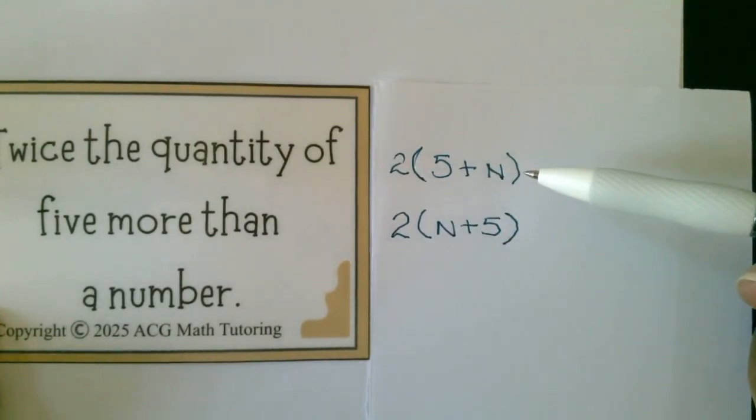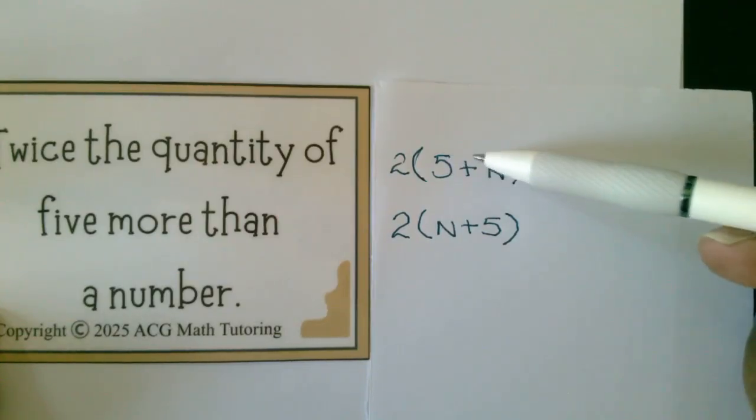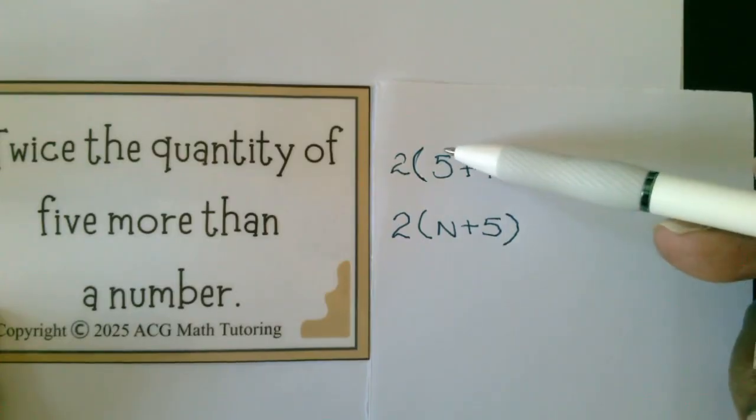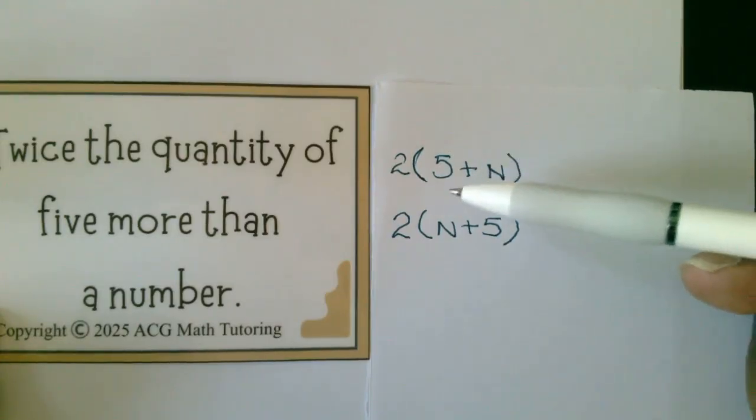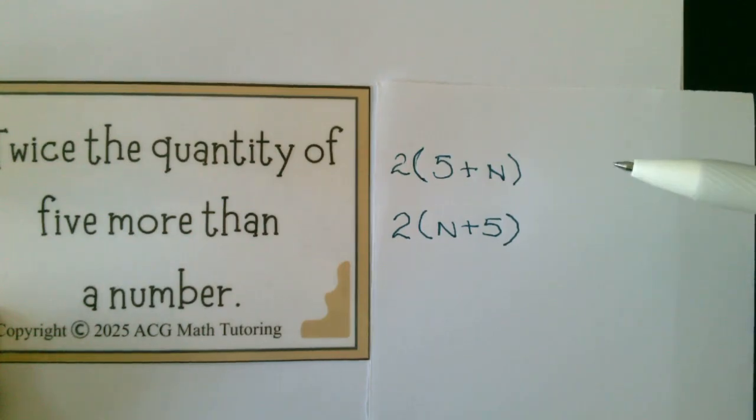Now here's the best thing. Addition, as well as multiplication, they're both what's called commutative. So whatever you do, if I said 5 plus 4 and 4 plus 5, they both give me the same result, which would be 9. Okay, if I said 5 times 2 or 2 times 5, I would get the same result, which would be 10.